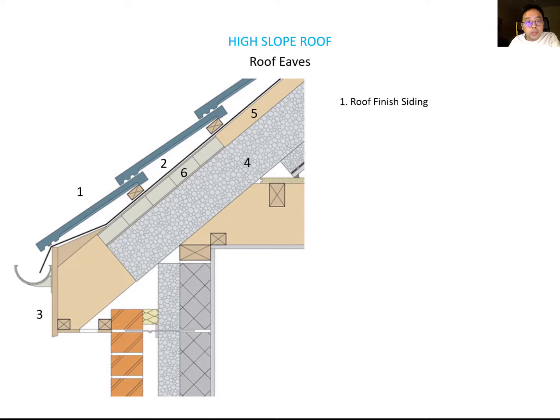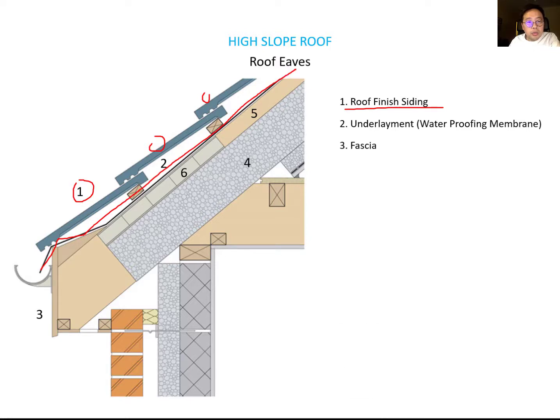The first one is the roof finish, siding, or any type of roof material here. We will talk about the roof material later in this lecture. You need the underlayment, which you can see as number 2, the waterproofing membrane here. Number 3 is the fascia. It protects this gable part and structure.